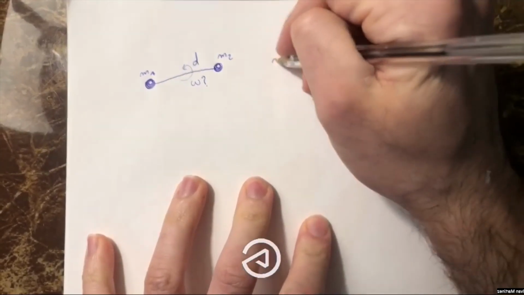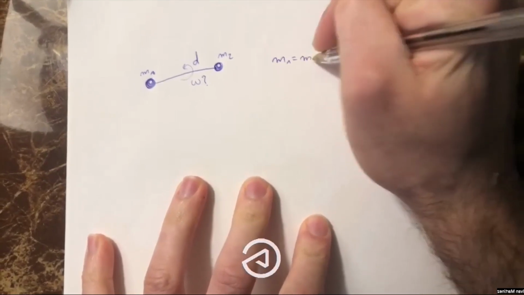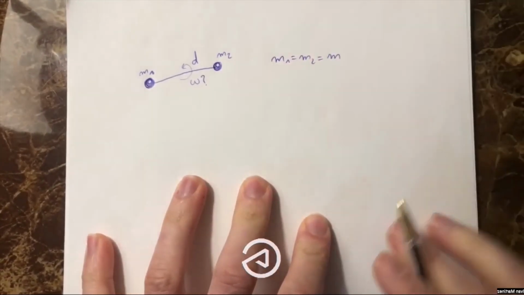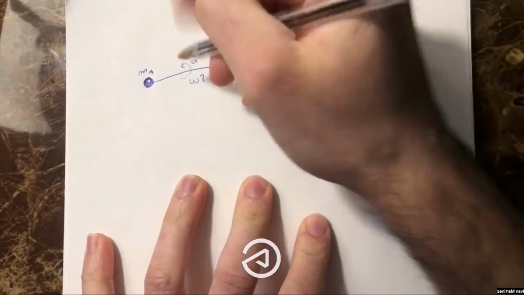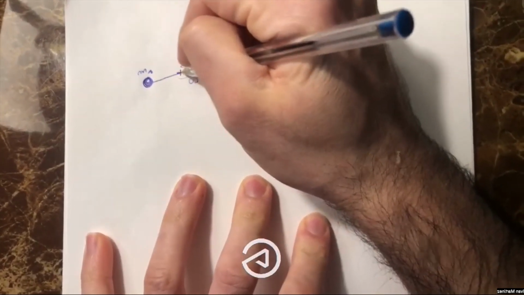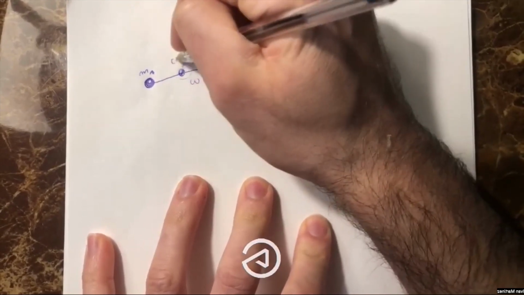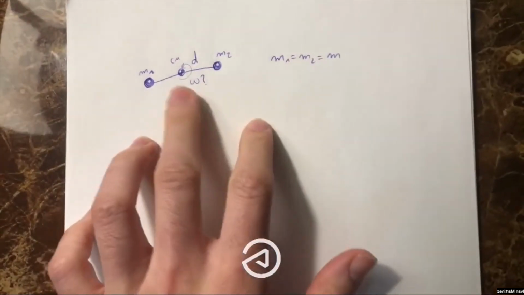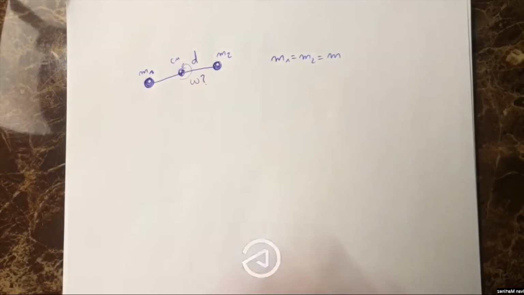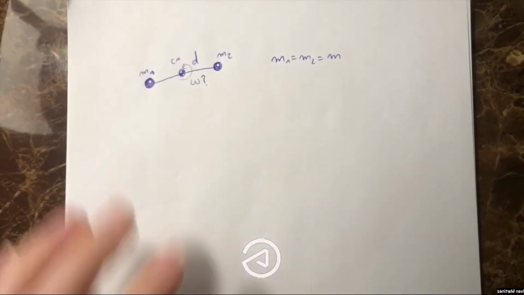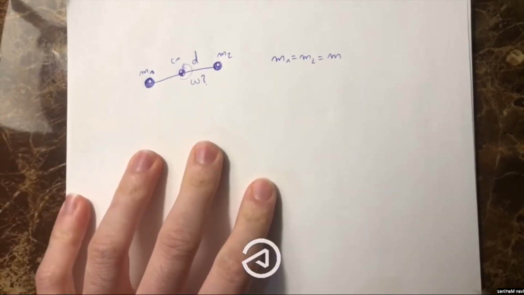We know the masses are equal. That's given by the problem. So we know the center of mass will be in the center. Right? So equal distance from M2, equal distance from M1. And gravity is the only thing that's affecting this.